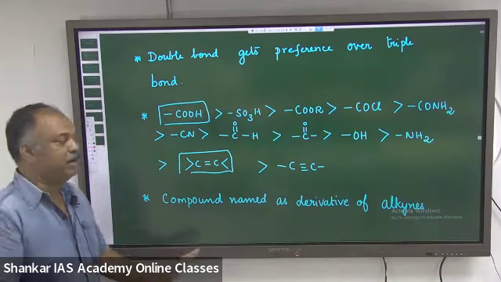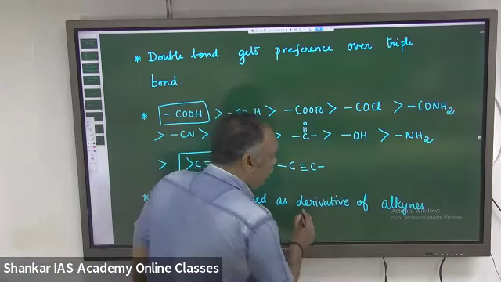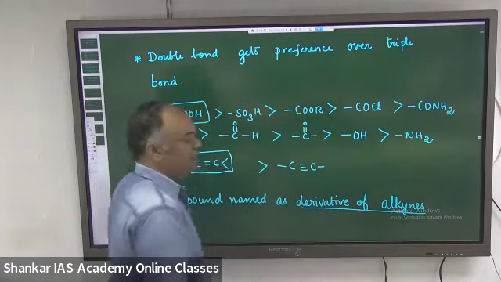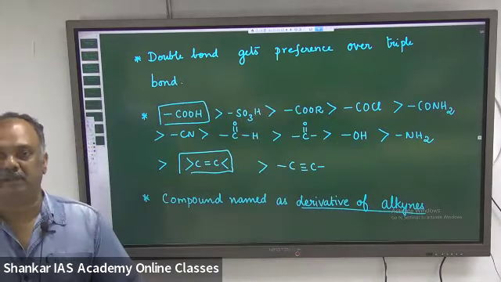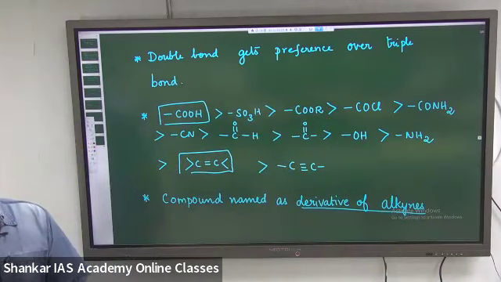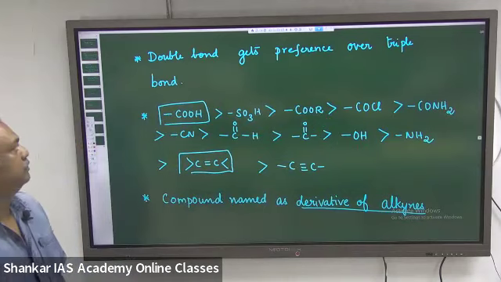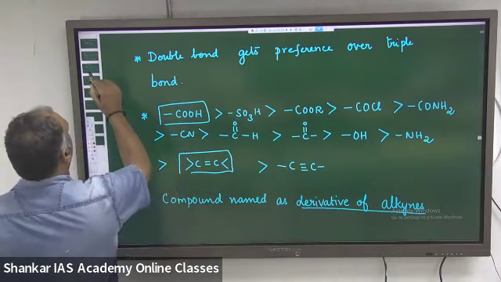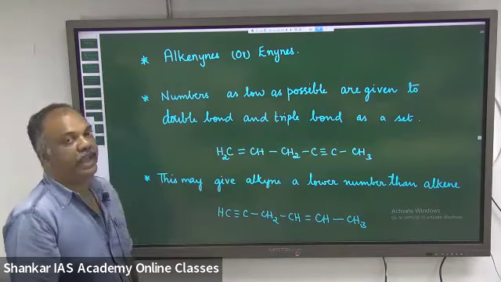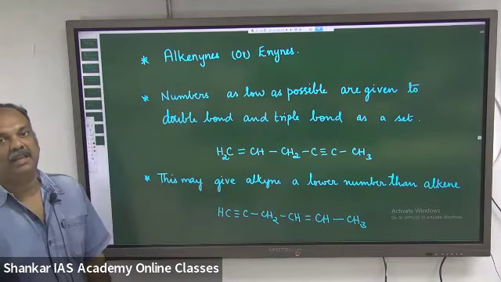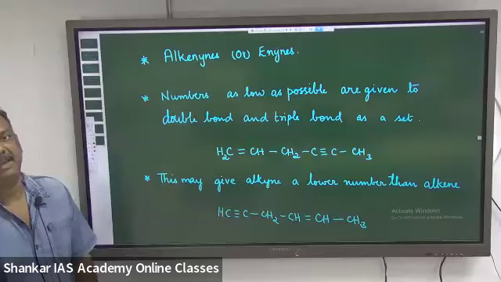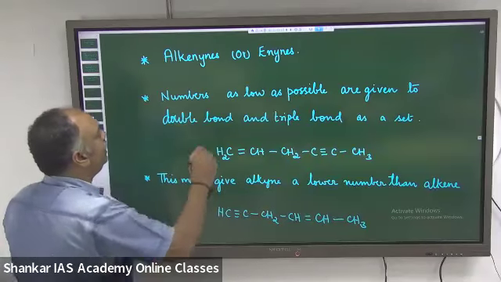It is named as a derivative of alkynes, meaning the alkyne will come as the suffix. So how do you name them? You name them as alkenynes or simply enynes.